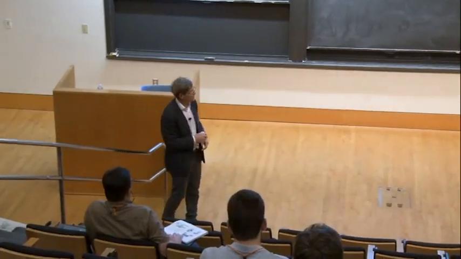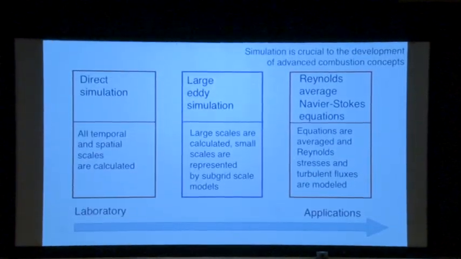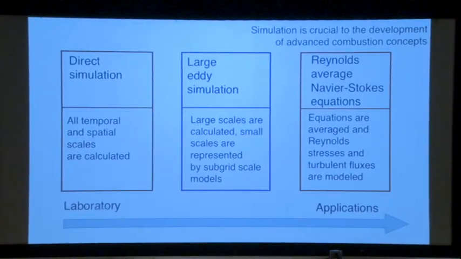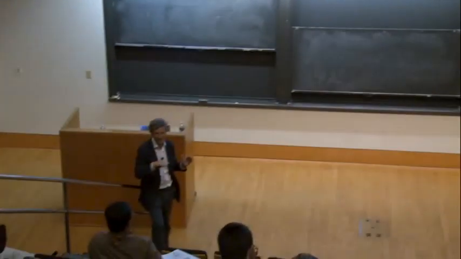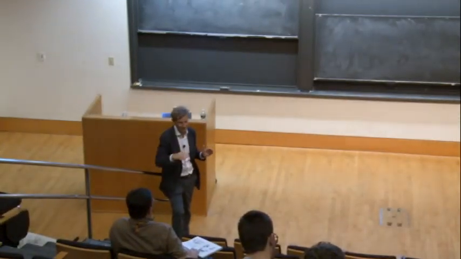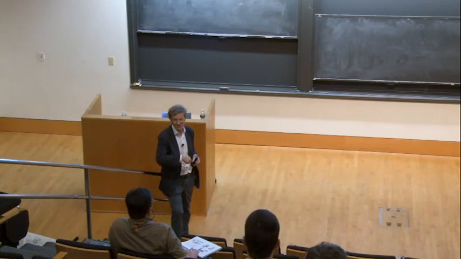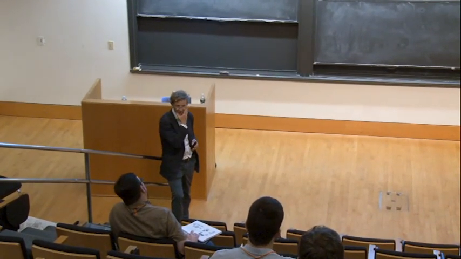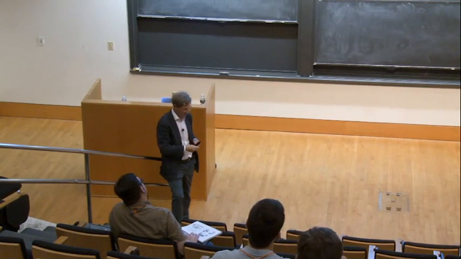The problem here is that you need models, models for everything: for the Reynolds stresses, for the turbulent fluxes, and the most difficult one is for combustion. How do you average the combustion, the reaction rates? So that's a big problem, has been extensively studied during all these years. A lot of models have been developed.